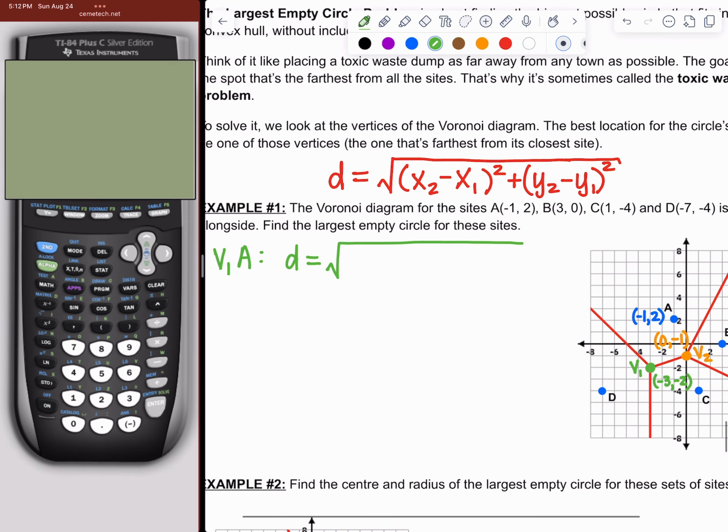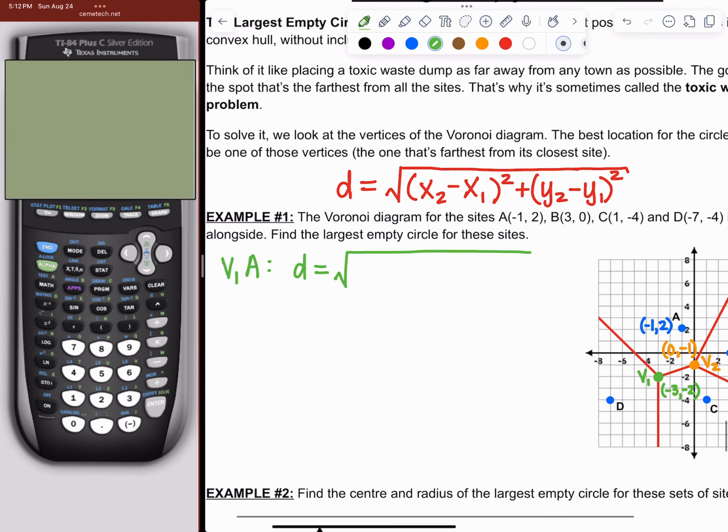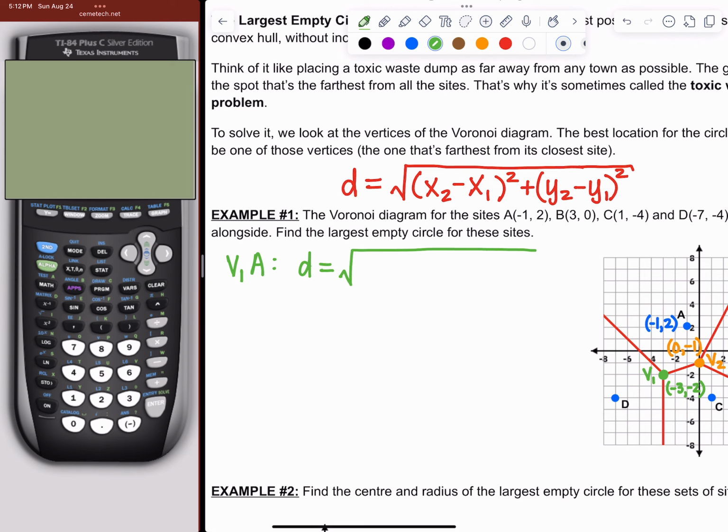So if I were to solve this, I would have -3 subtract -1 squared plus -2 subtract 2 squared. Remember, make sure you're going in the same order. All right. So be careful.